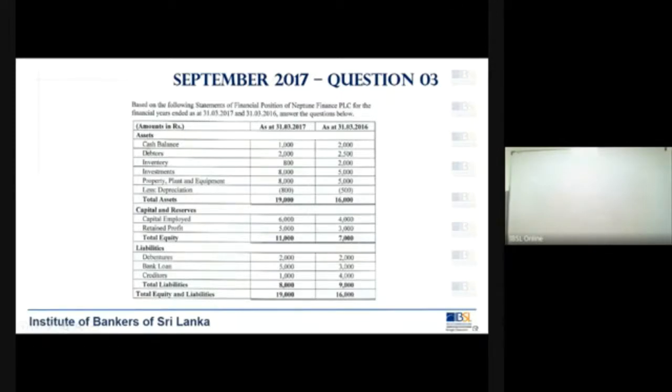If you don't have the paper, just mark these items, cash balance, debtors and all, and you just put down the cash inflow or outflow, net of this. So what do you mean by net? You have to look at what has happened to these items. So here from 16 to 17, cash has come down. So there is a cash outflow of minus 1000.